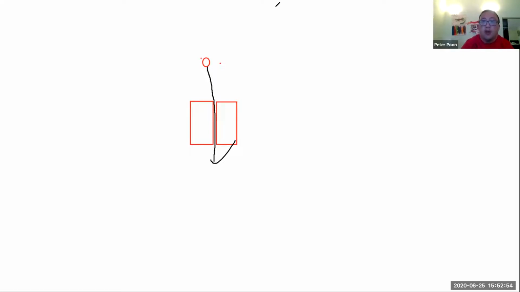So what these cells are going to do is build something right at the apical surface that connects them. And if it connects them, the bacteria won't be able to go through. It'll get stuck right there. That is what tight junctions are for.